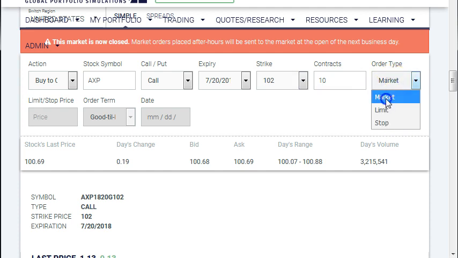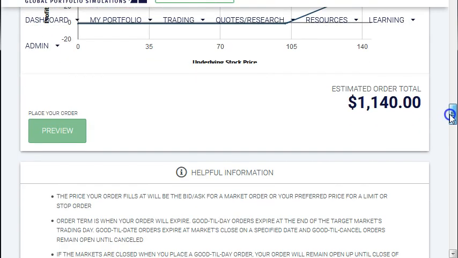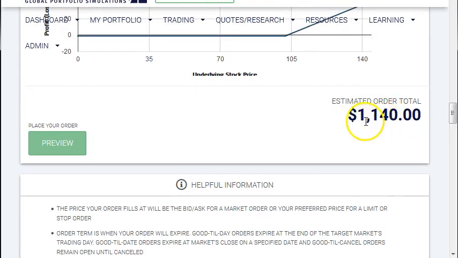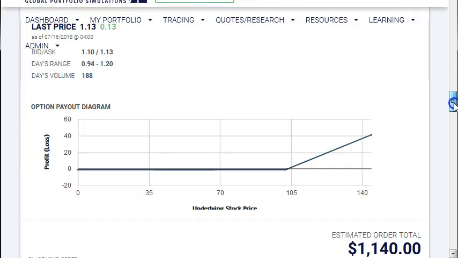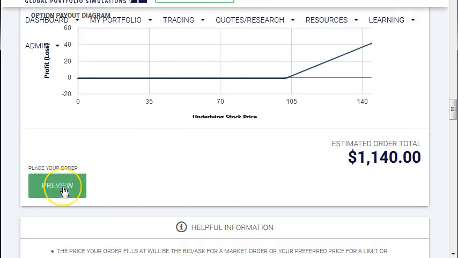For the order type, I can buy at the market price, or you can choose limit and specify the price here. I'm picking market, and it tells me that if I have $1,140, I can buy these 10 contracts. That's as simple as that. You can click on preview and you are all set to go.